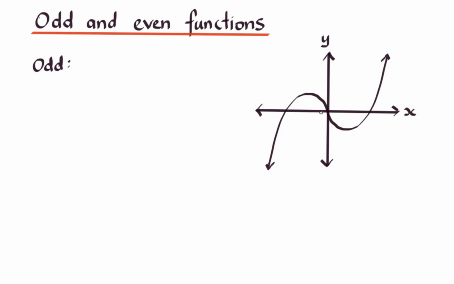So either rotational symmetry or a double flip about both axes gives us an odd function. Now, algebraically, this can be expressed as f of minus x being equal to minus f of x. Okay, and we've seen that before.